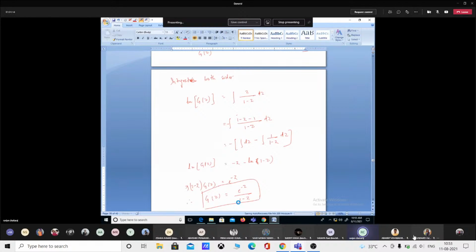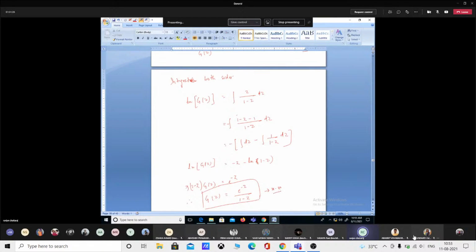So everybody try to solve this one. Definitely you will get some member of the sequence. So it is your homework.